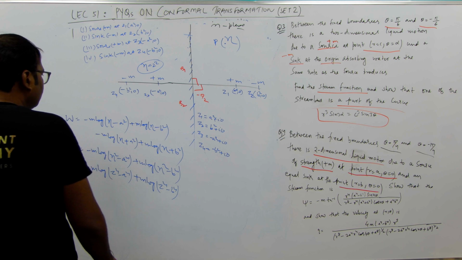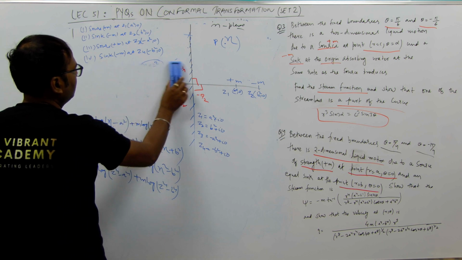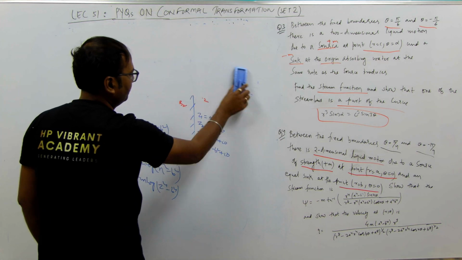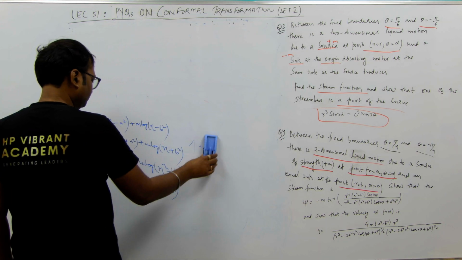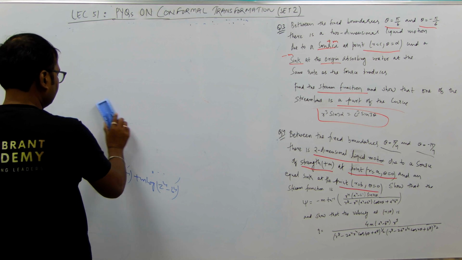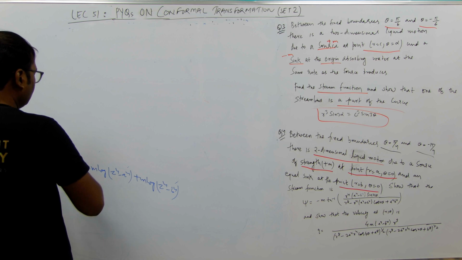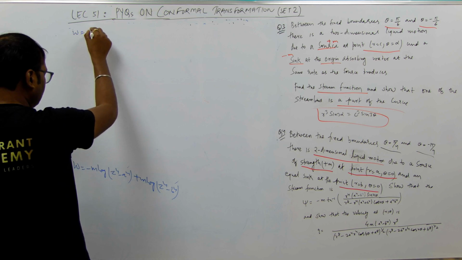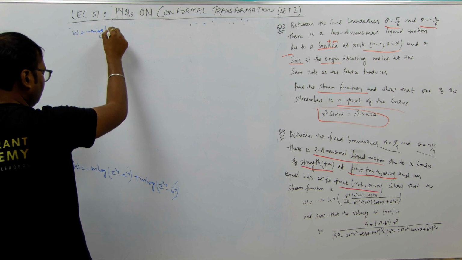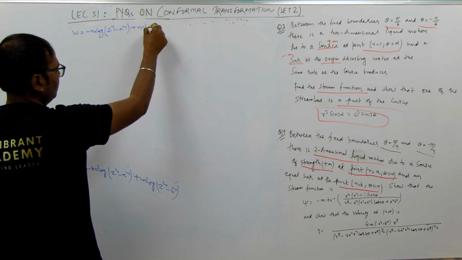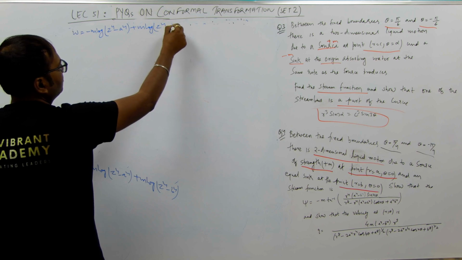So let us further simplify this. So we have w is equal to minus m log of z4 minus a4 plus m log of z4 minus b4.